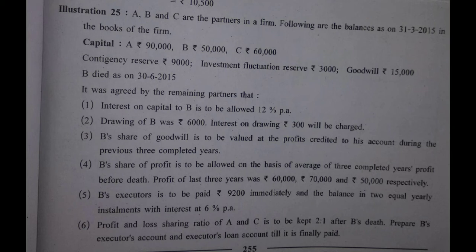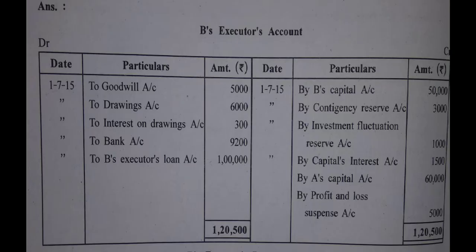And I repeat, this is the old value of goodwill. Old value of goodwill is to be written on debit side of partner's capital account as well as on partner's executor's account, because this amount is to be deducted from his capital. You can see here. To goodwill account 5,000.